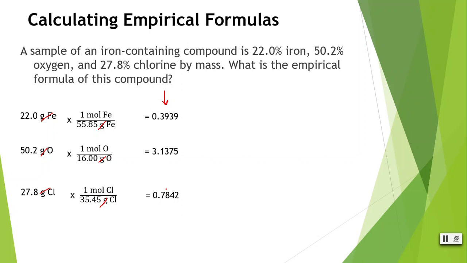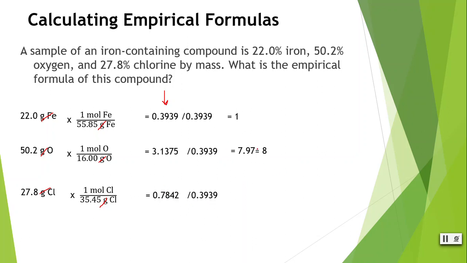So I am going to divide all of my mole values by 0.3939. Doing that for each element, I get a great big fat 1 for the iron. For oxygen, I get 7.97, which is close enough to round to 8.